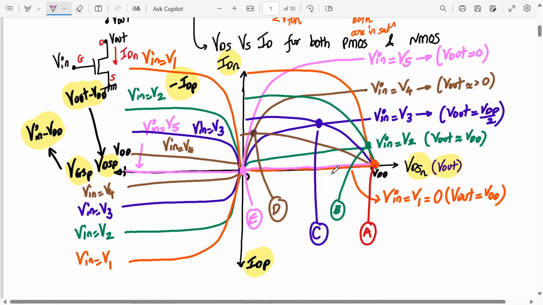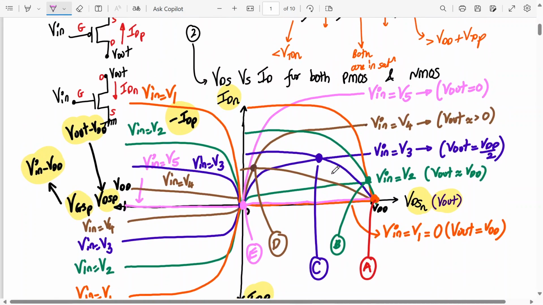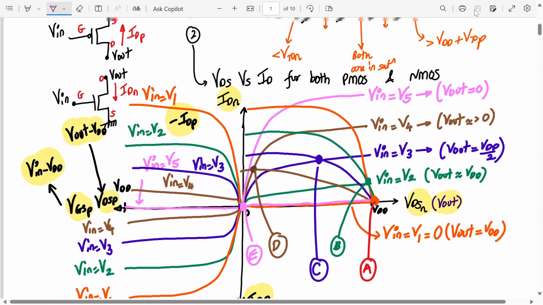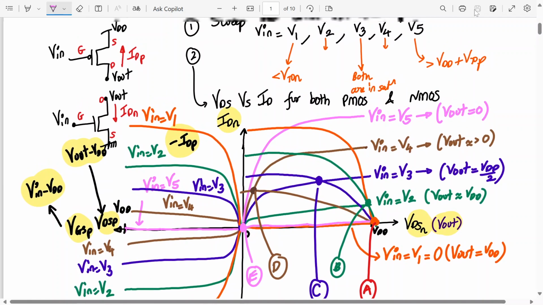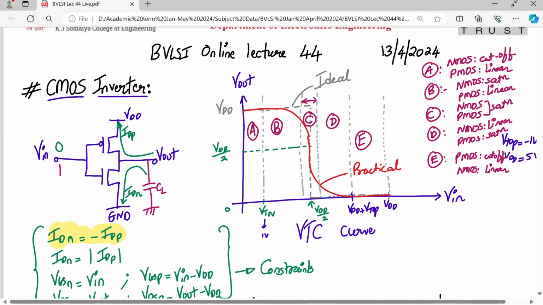Alright, so this is the graph of the drain current ID for both the NMOS and PMOS together, along with my output and input curves, where input is the parameter. I don't know how much you have followed, but this is the reality when we intersect both of them together, because we are combining both NMOS and PMOS, right?